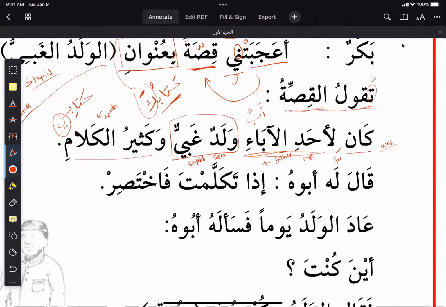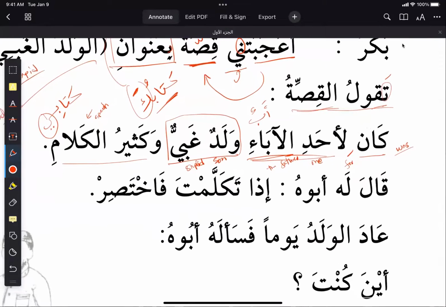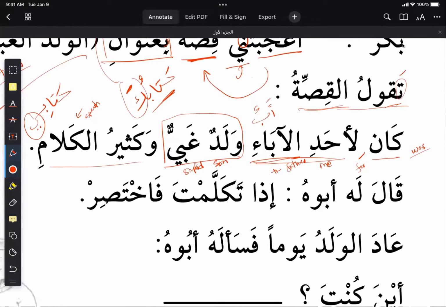Now let's see if we can translate in English. So who can translate this one for me? If you understand what's going on, just make sure you put it in the past tense. It's very tough for me to translate.